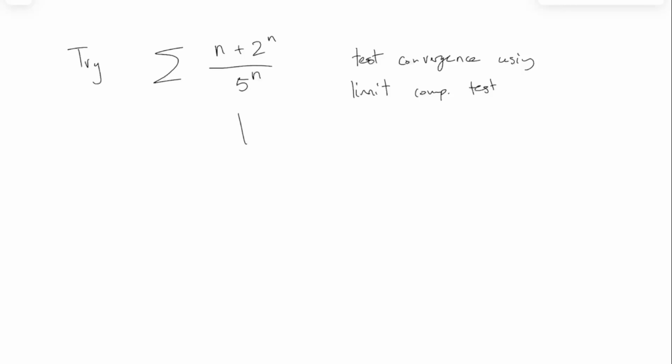In this case, on the top I see 2 to the n versus n, but in general 2 to the n is much bigger than n, so the dominant term on top I'm going to choose 2 to the n, and on the bottom 5 to the n.